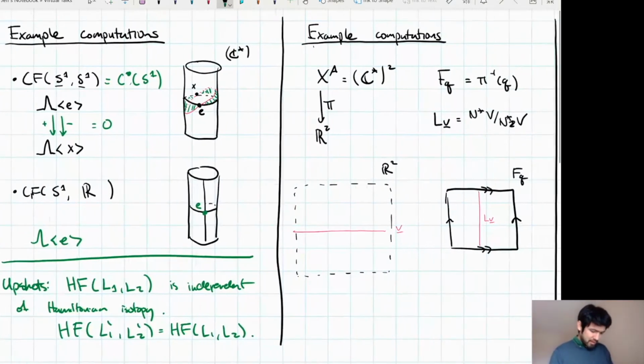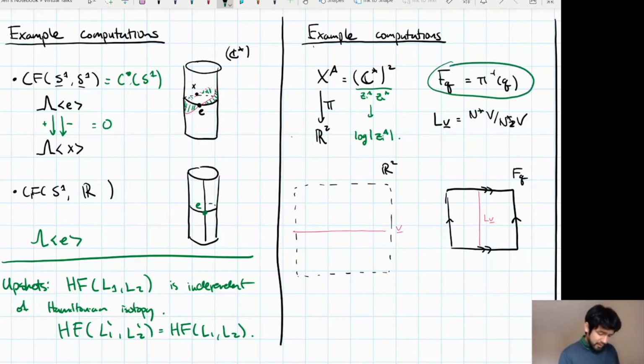Okay, let's try one more example computation, which is a little bit trickier. So again, I'm going to look at C star squared over R2, given by the projection which sends (z1, z2) to the log of the absolute values of the zi. Now, there are two Lagrangians which I want to look at.